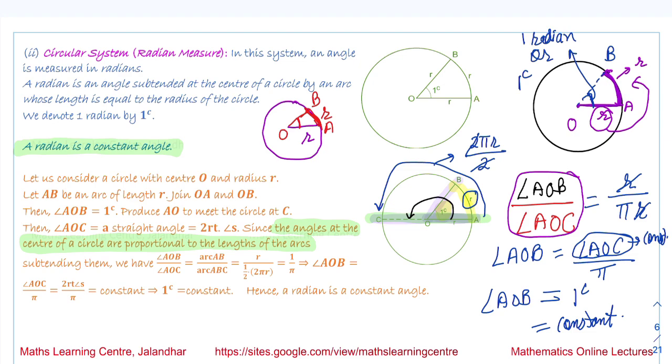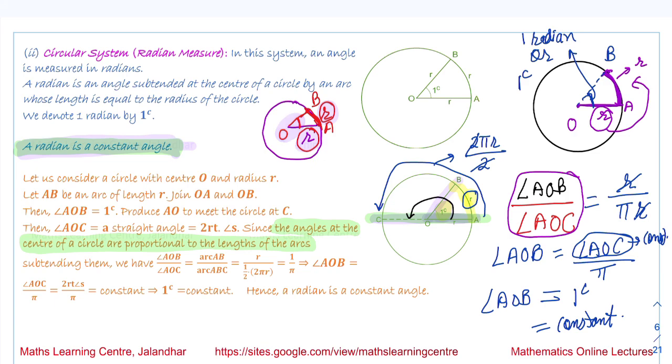We are talking about this angle over here. What is this R over here? This can change. We can take the circle of radius 1, we can take the circle of radius 2. In this theorem, when we are saying a radian is a constant angle, we want to prove that if this radius is changing, this angle is not changing.